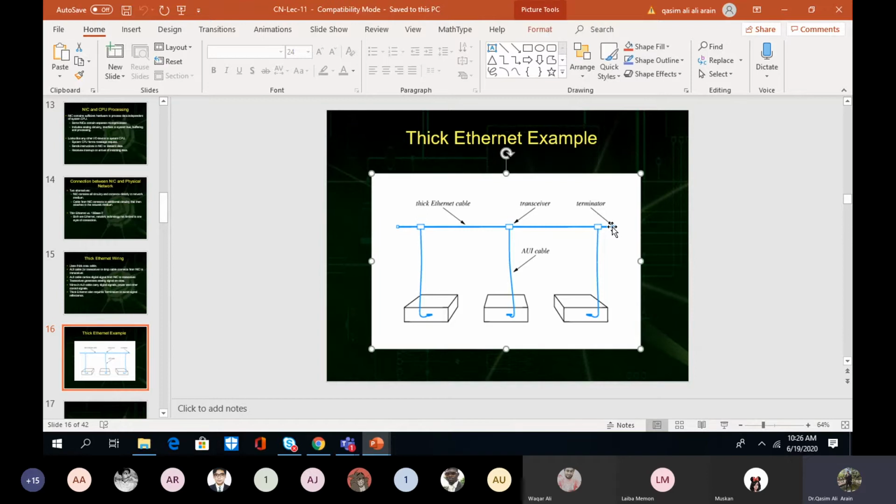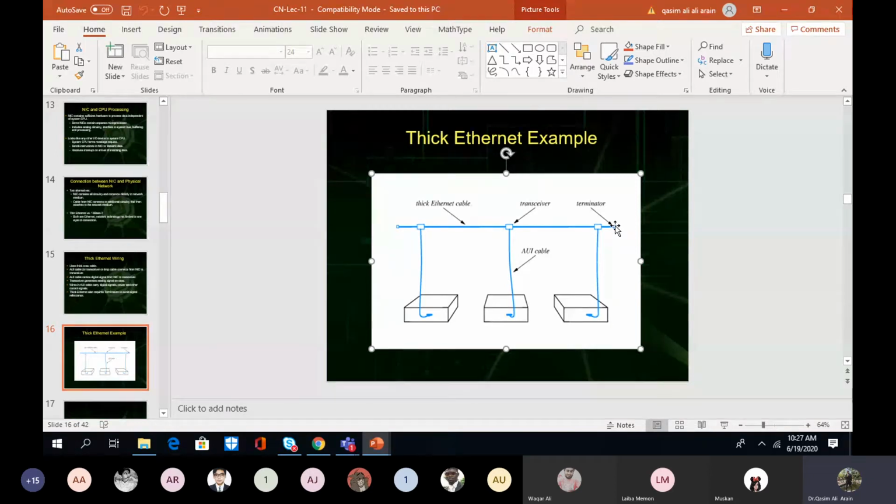If we do not have a terminator here, your signal will be dispersed or bounce back again, and the noise would come again onto that particular wire or medium, which will create hindrance over that medium. For that reason, we place a terminator at both ends of the wire so that your signal is not dispersed, right? That is the first thing that you must understand regarding the terminators.